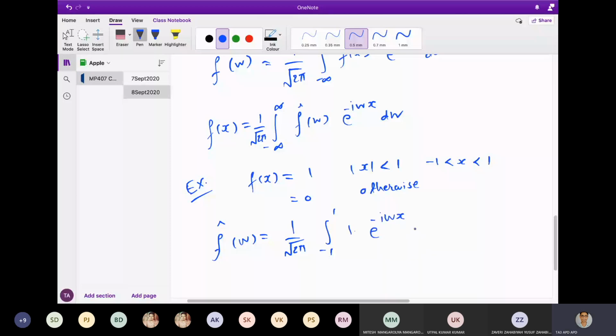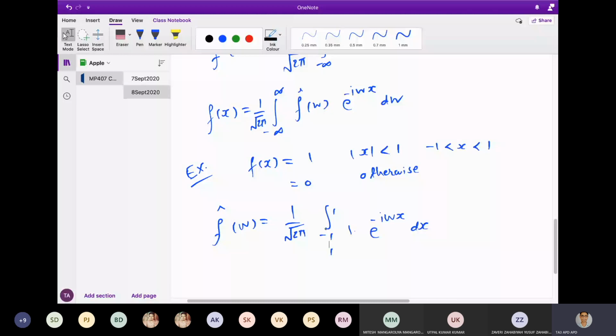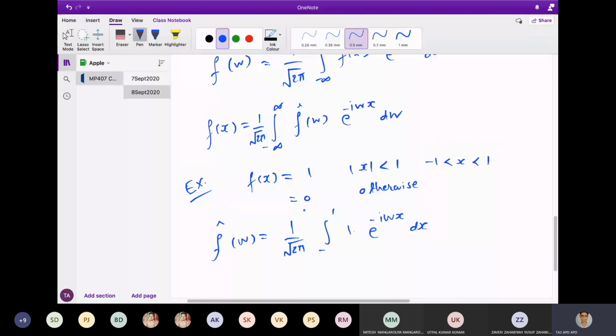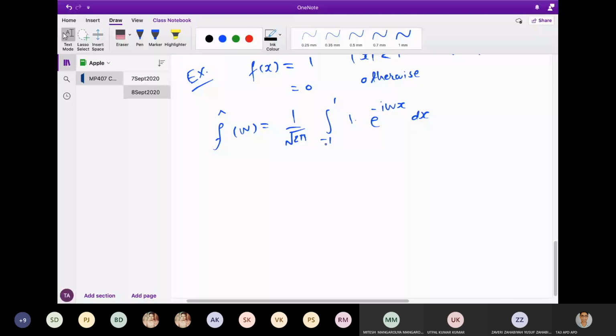Okay, so it's a very simple integral one can do. So this should be equal to 1 over under root 2 pi, e raised to minus i wx over minus i w, integrated from minus 1 to 1.